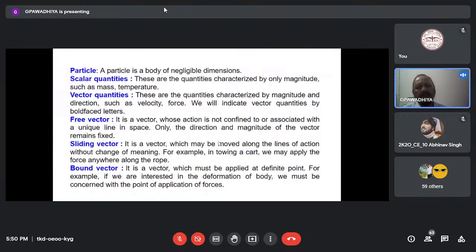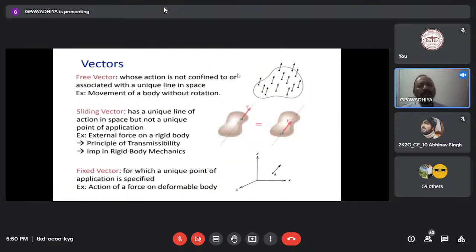So only the direction and magnitude of the vector remain fixed, but the point of application is not required to define the free vector. At times free vectors are used to represent forces from an entire body. Suppose a vector diagram is there in trusses. We pick one element, that free vector independent of other points, we call a free vector.